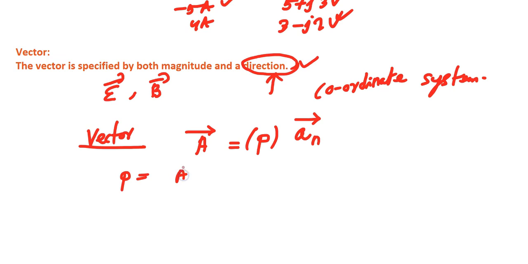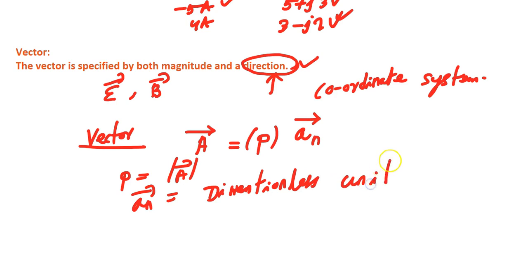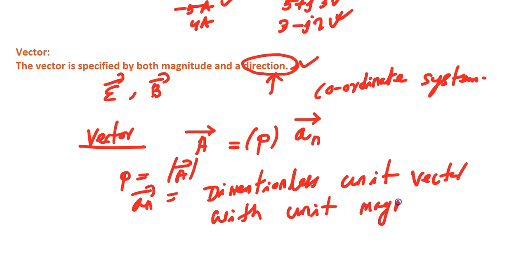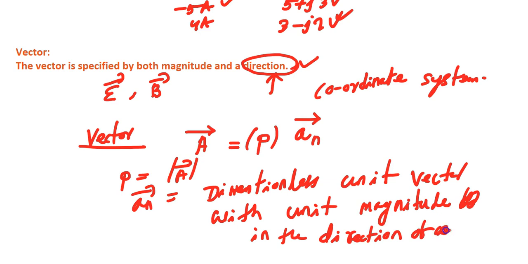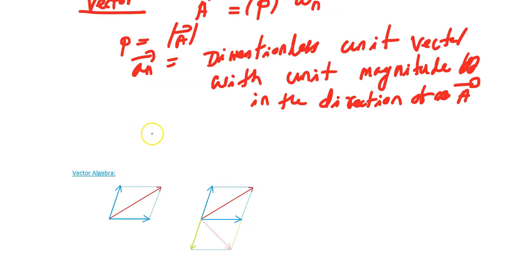Magnitude of the vector, and a_n is a dimensionless unit vector with unit magnitude in the direction of A. I can write that unit vector a_n as the vector A upon the magnitude of vector A.